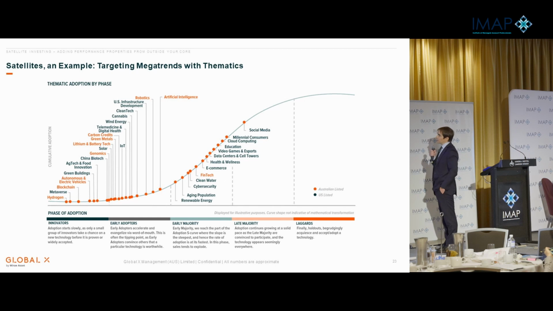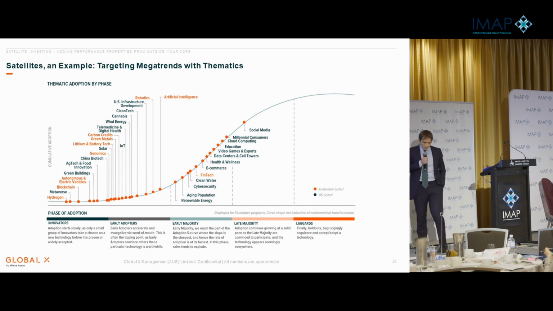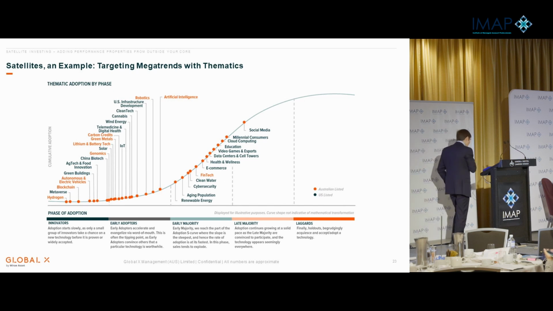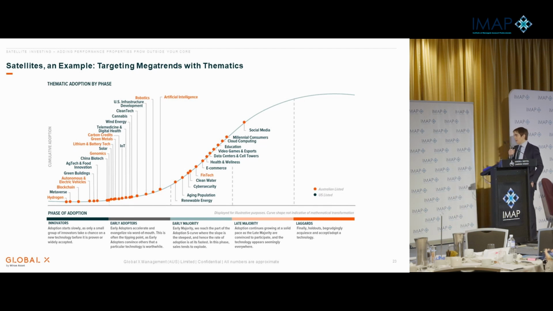As an example of a satellite, I wanted to quickly introduce the concept of thematic investing. And that's certainly an area over which we have a specialization. So that is the adoption curve that I mentioned earlier on. And we think a thematic qualifies as a thematic if it has an adoption curve runway, an S-curve, as shown there. And one thing to mention is that on the right-hand side of that S-curve are more mature thematic equity universes, so social media.